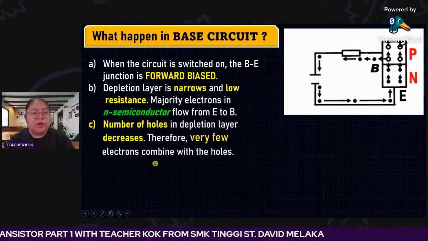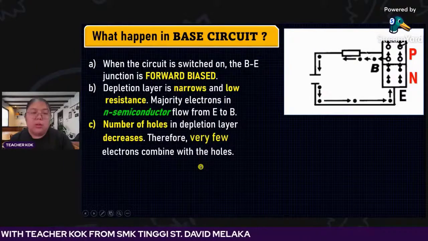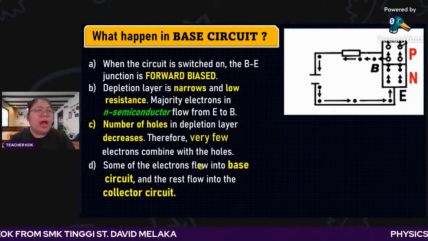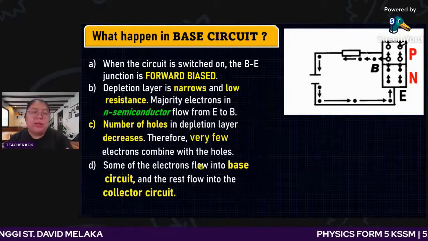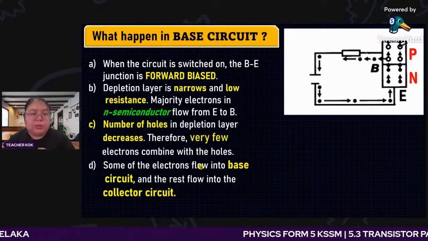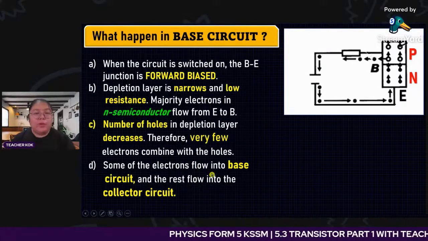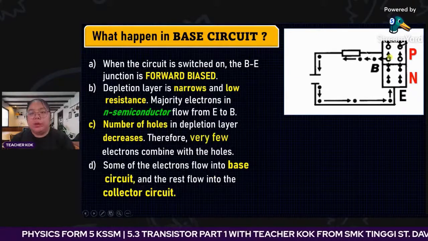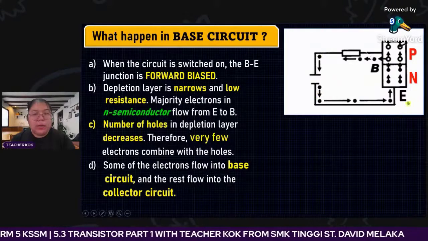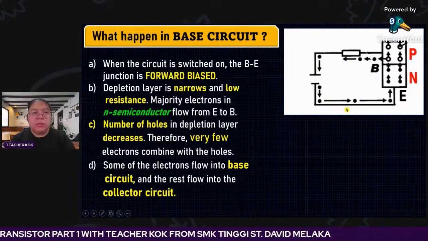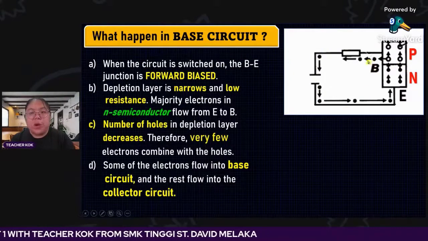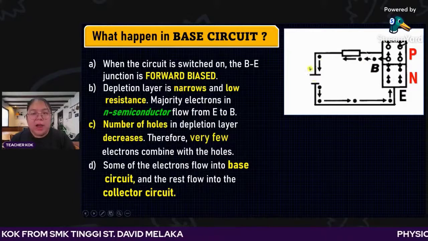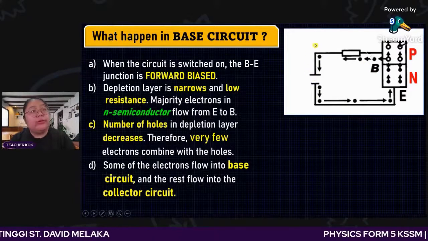Very few electrons combine with the holes. Now you have extra electrons, too many electrons. Some of the electrons will flow into the base circuit. When they go into the base circuit, no problem, because the electron direction is opposite, so the current goes to the right.